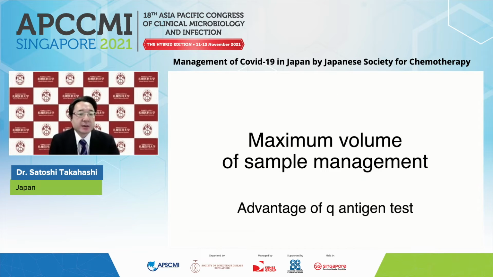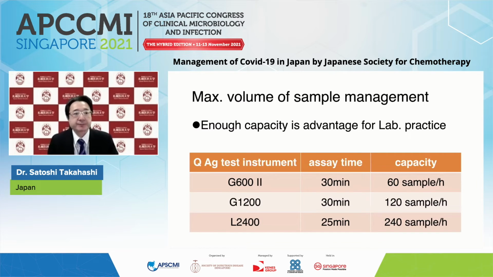And second, the advantage of the quantitative antigen test is the maximum volume of sample management. You can see the characteristics of each LumiPulse instrument, a quantitative antigen test instrument.